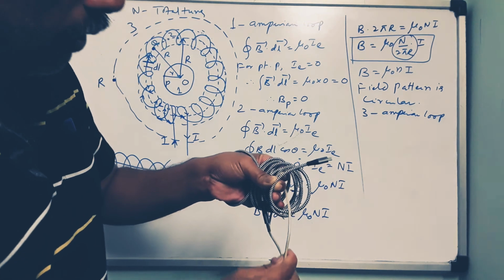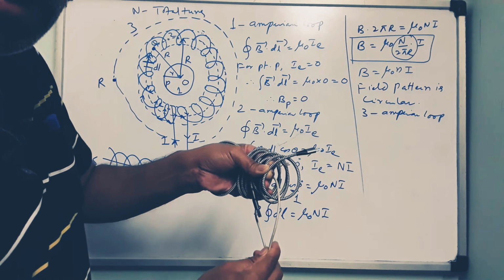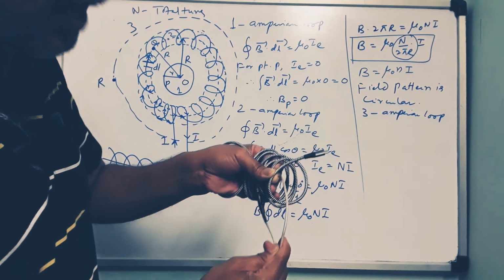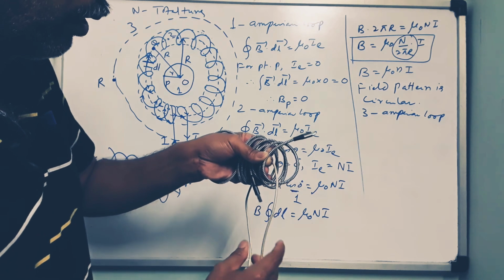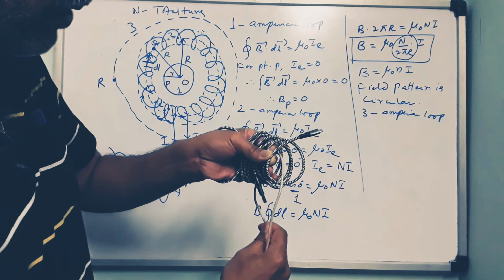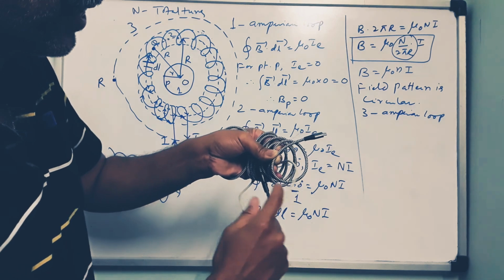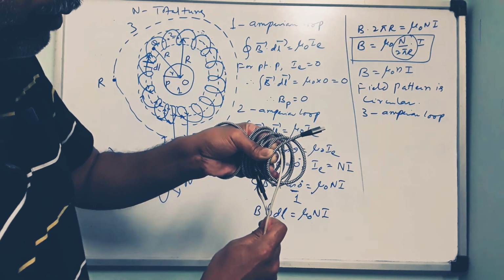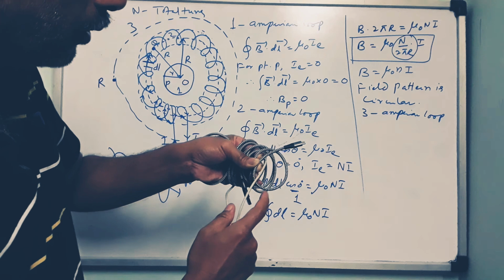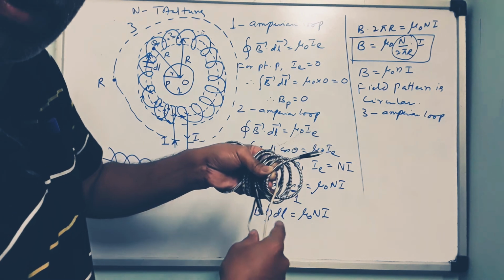You see children, it is enclosing the coils which are below the wire, not above the wire. So these parts cannot be enclosed by this Amperian loop. It can enclose only the semicircles which are below it, below the axis. Clear?